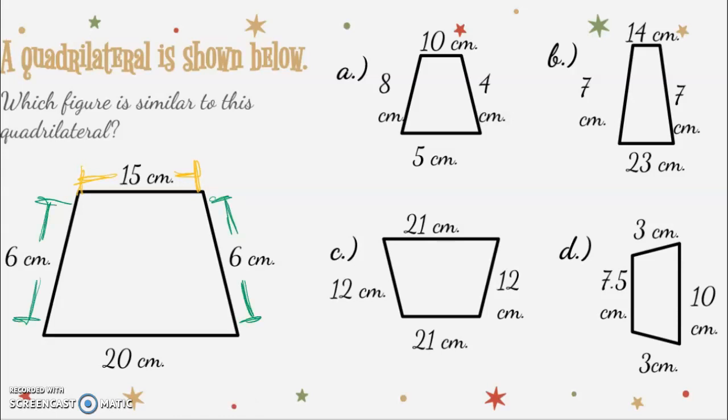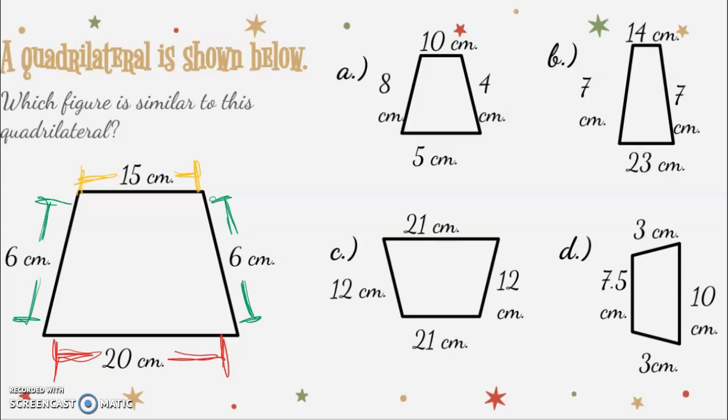Any quadrilateral that I see has to have these 2 sides be the same number. If they're not, it is not similar or proportional to my figure. Cool. So I'm going to look at my 2 sides here of my 6's. I'm going to go through and cross out any that do not have the same amount on the sides.